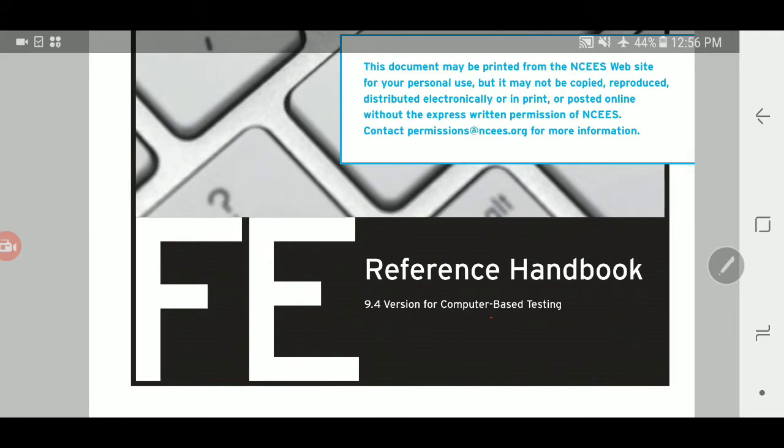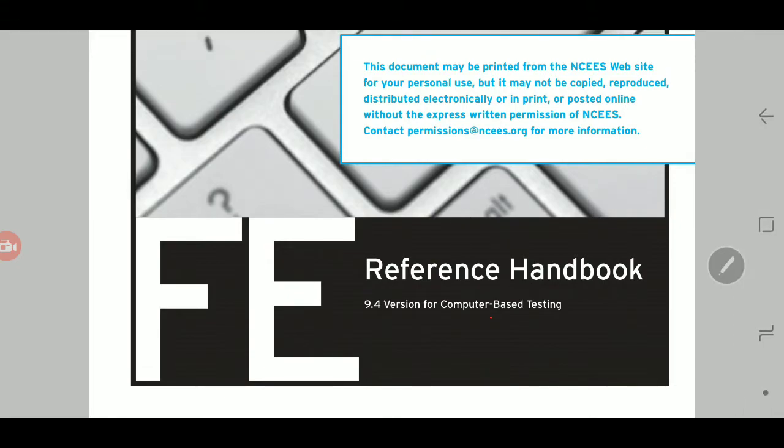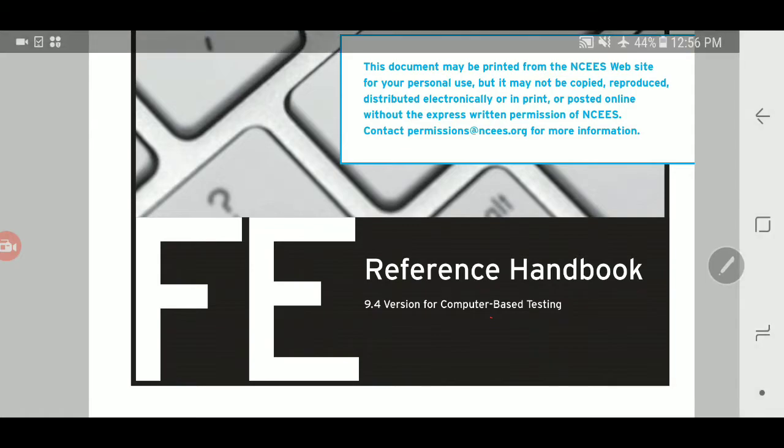First of all, make sure you have the FE Reference Handbook, version 9.4 for computer-based testing. This is the current one they're using, and I'm going to show you where to study for these kinds of problems and where to pull up the formulas.